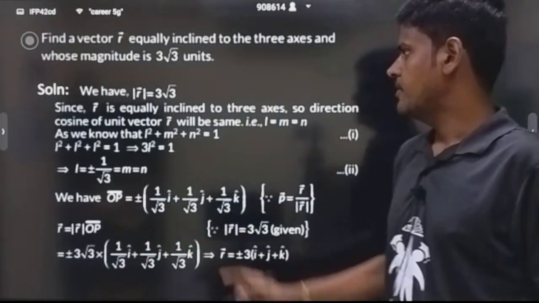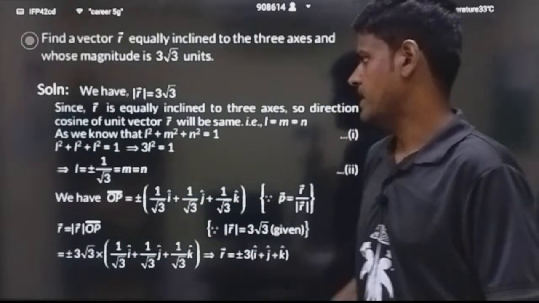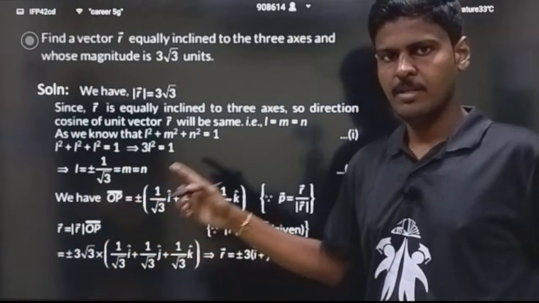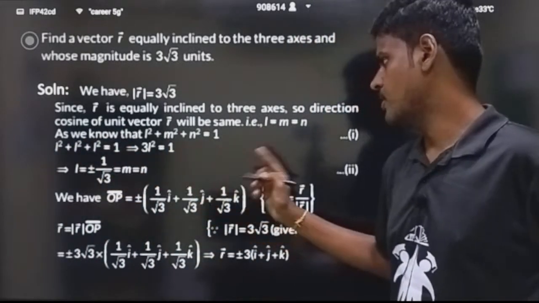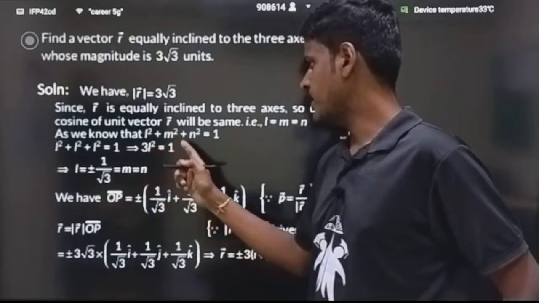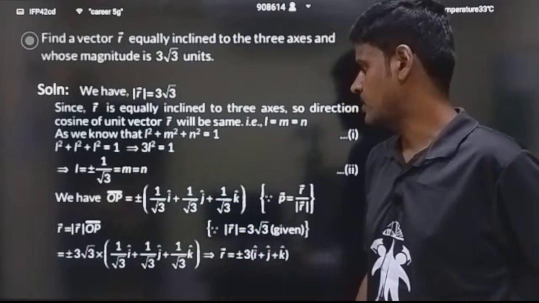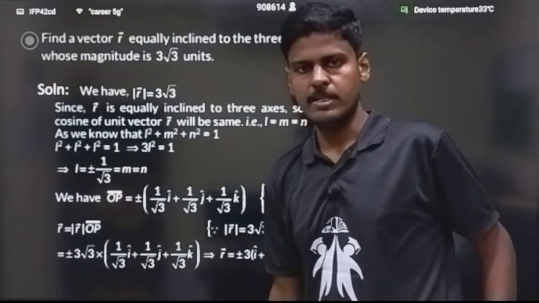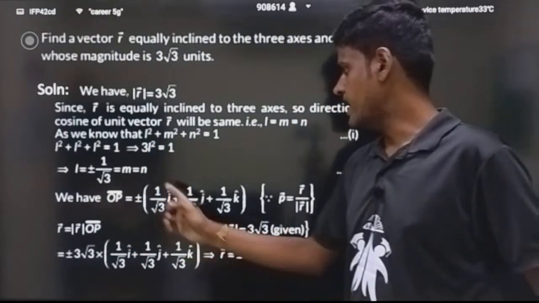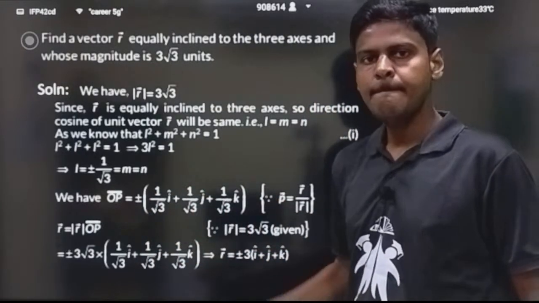So what is the first thing we need to do? Substitute cos alpha equal to cos beta equal to cos gamma is same. That means we will get 3 cos square alpha equal to 1, or cos square alpha equal to 1 by 3, or cos alpha is plus or minus 1 by root 3. Same for cos beta and gamma. So the vector required unit vector is given by plus or minus 1 by root 3 times of I plus j plus k.